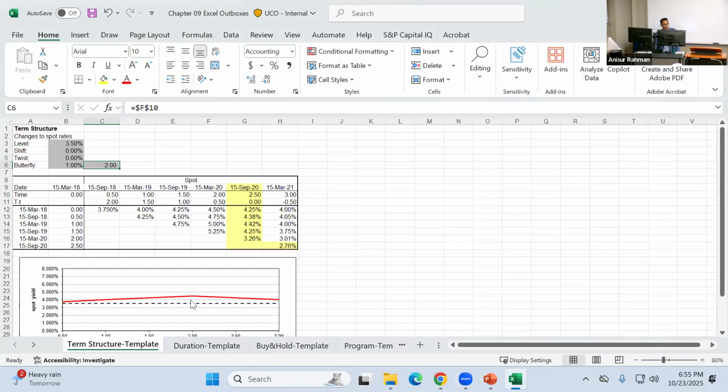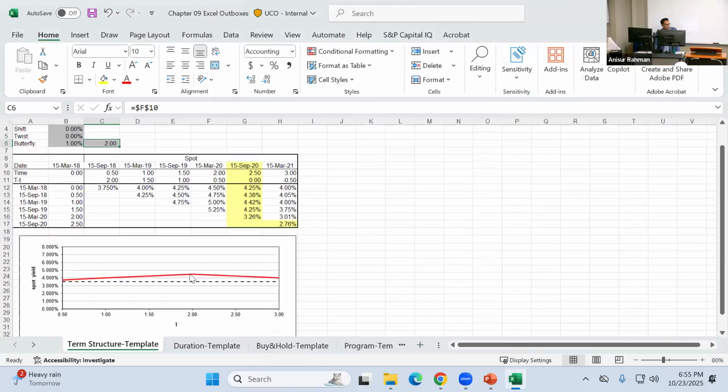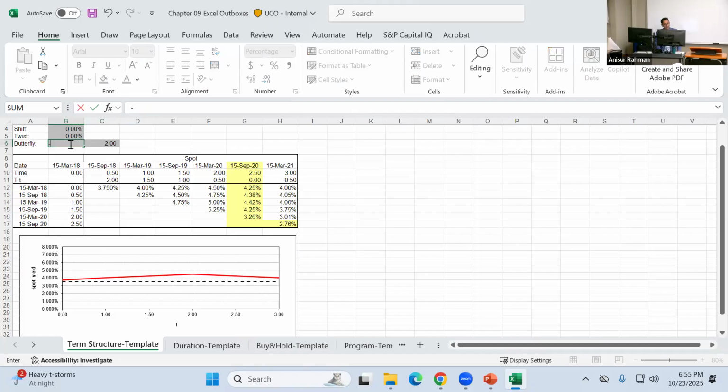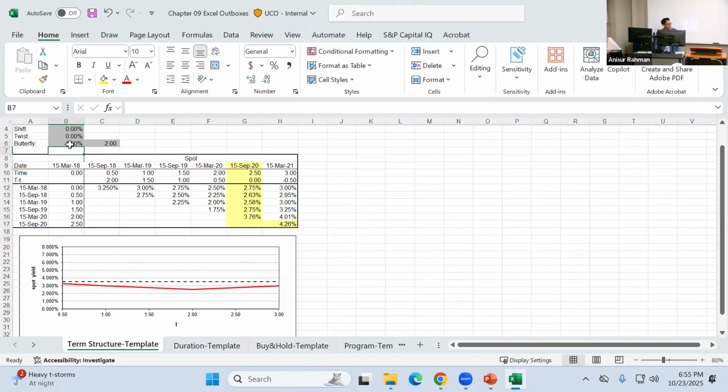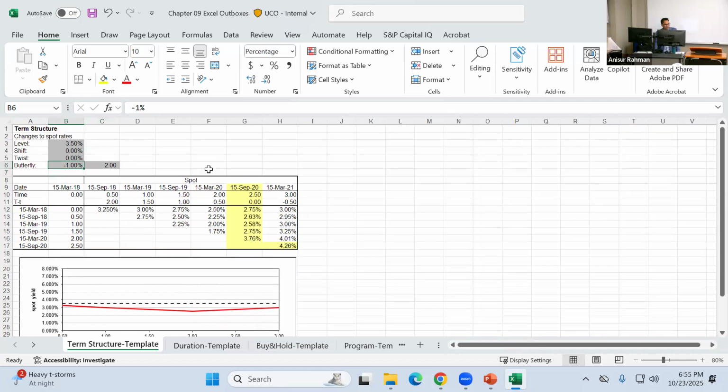See what happens? Relative to the other maturities, the intermediate or middle maturity increases. If you use a negative 1%, it decreases.